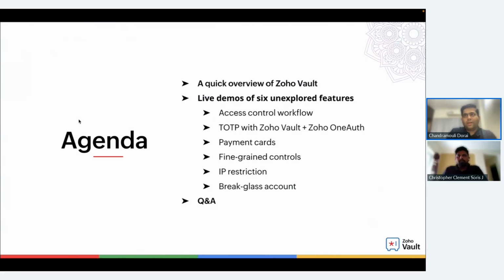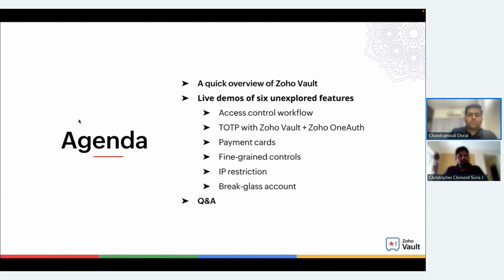Today we will see a quick overview of Zoho Vault, but this will be a very short overview. We want to give an overview for the new evaluators, and then we will jump into 6 unexplored features as we shared in our communication.